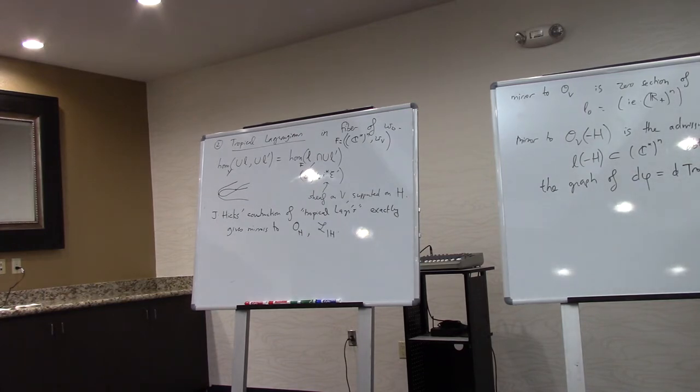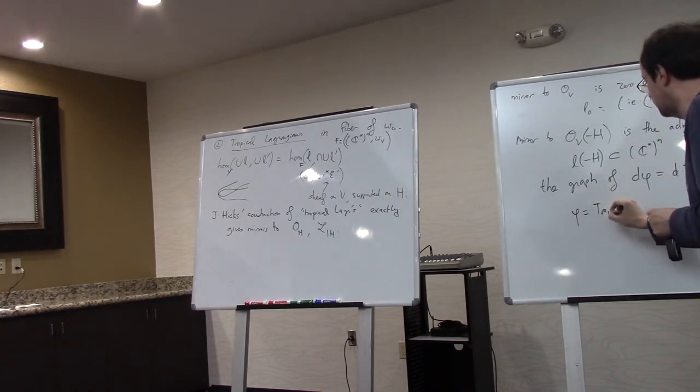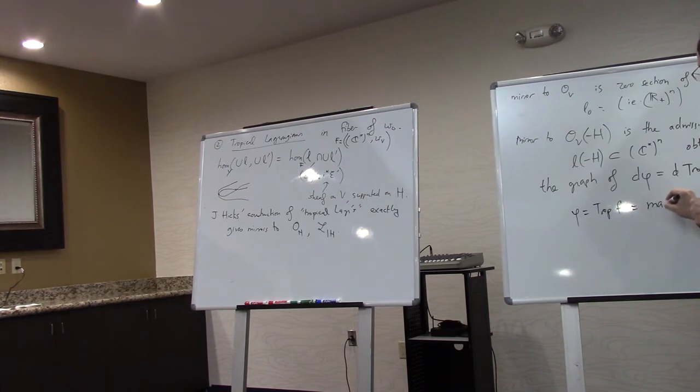So where does this live? So remember, phi equals tropicalization of f, for example, was a max of a bunch of linear functions determined by the equation. This is a piecewise linear function from R^n to R with integer slopes everywhere.